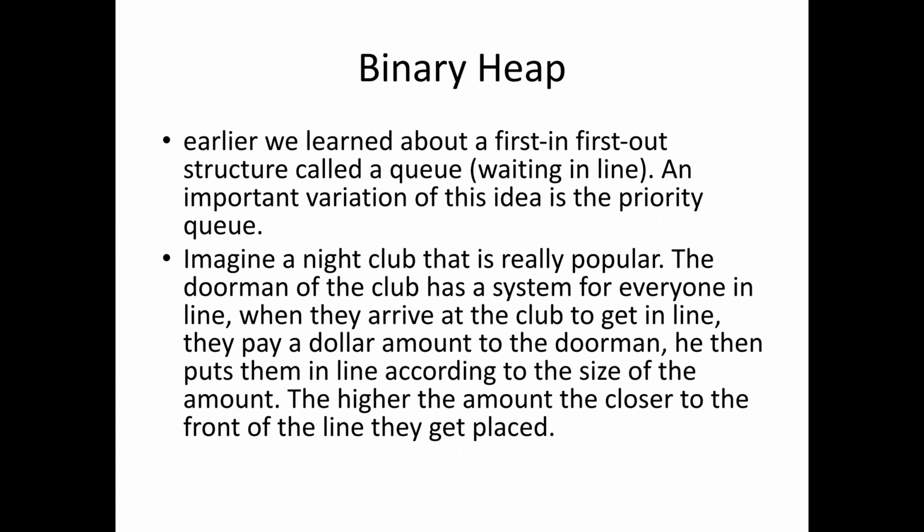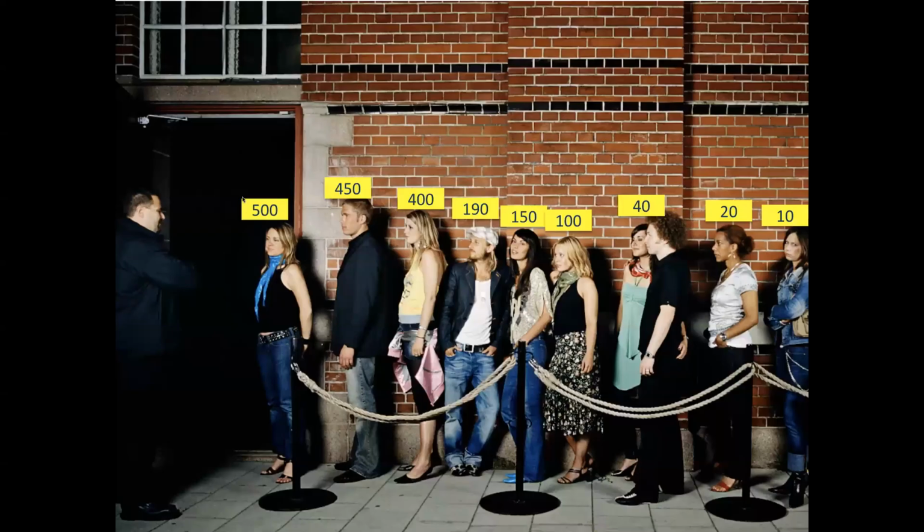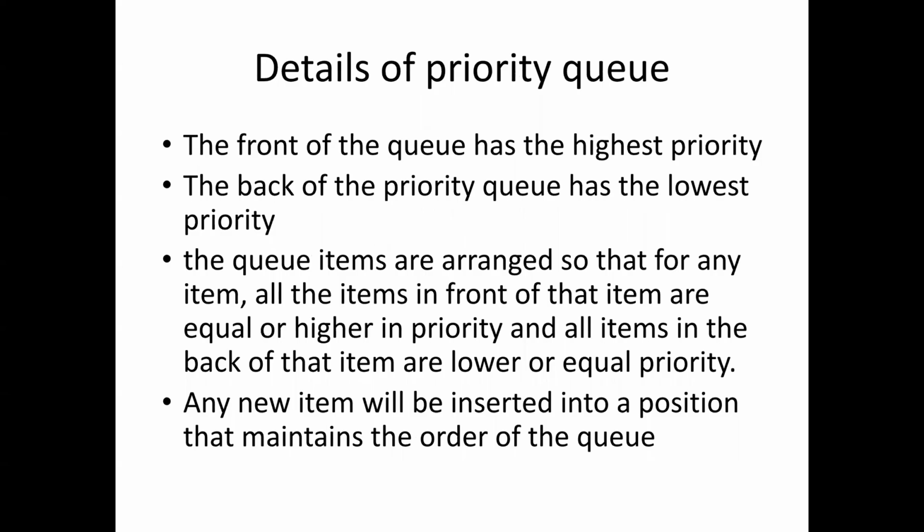For example, if you have a popular nightclub, the doorman wants to arrange people by the amount of money they pay to the doorman, right? The more money you pay, the higher priority you get, so you get placed at the beginning. So that's a kind of priority queue, and in this particular queue, what data structure are you going to use?